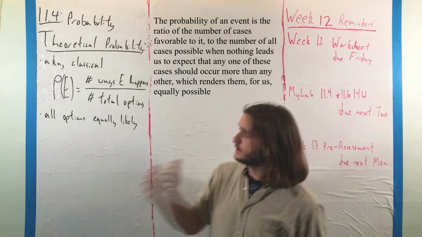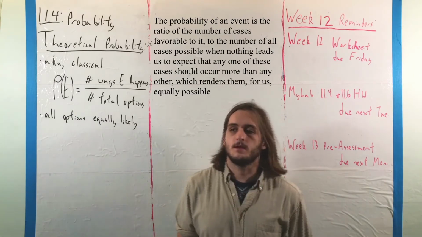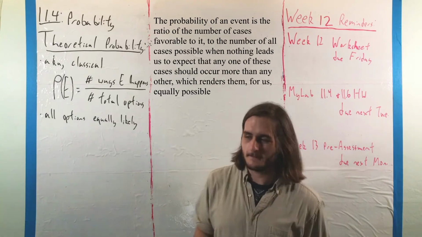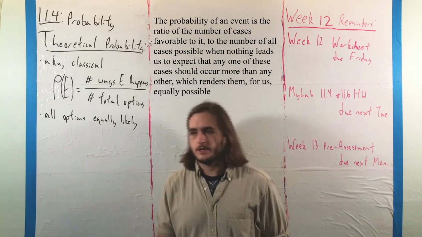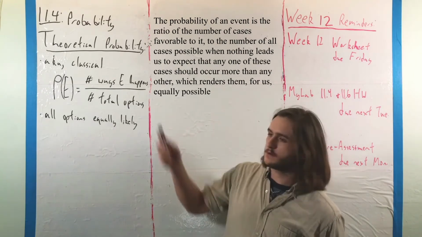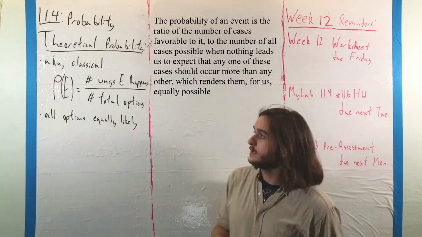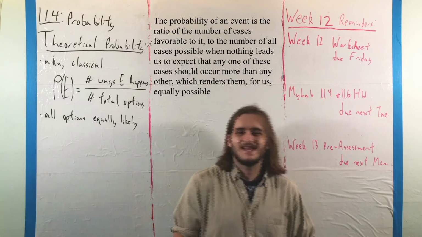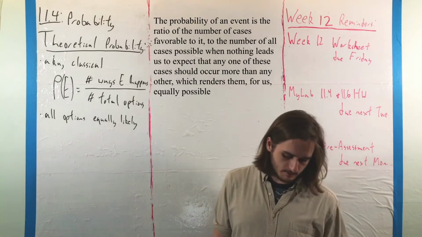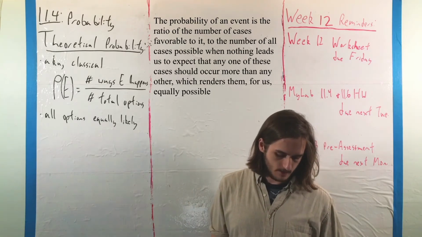So, when we're going to compute the probability of something happening, in the theoretical sense, all we do is look at the number of ways that that event E can possibly occur and divide it by the total number of ways that anything within our space can occur.